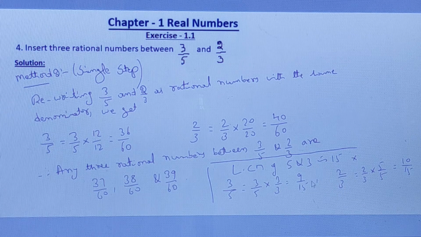Similarly, we keep on checking with what numbers we will get the denominator same as well as the required number of numbers between the numbers in the numerator, right? That's why I have taken the denominator to be 60.